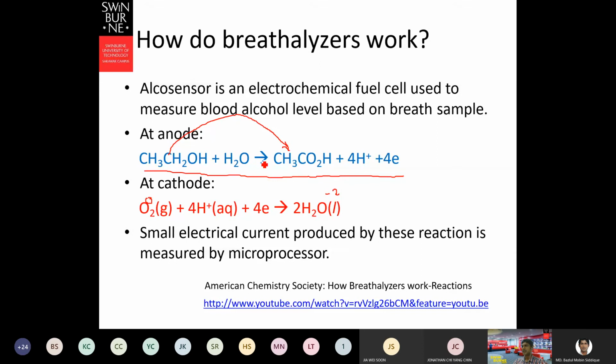So this is how the machine works, depending on how much oxygen is being taken out from the air, or how much electricity is being produced, because the electrons are being produced, right? Based on that, the instrument gives the result, whether it is below the level or above the level.